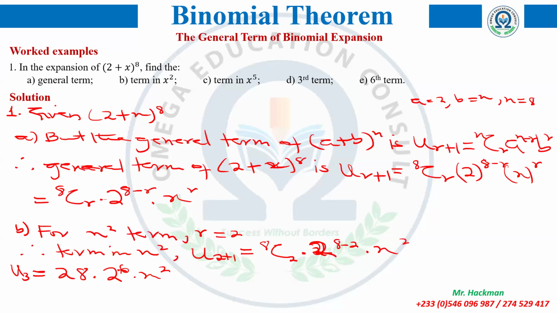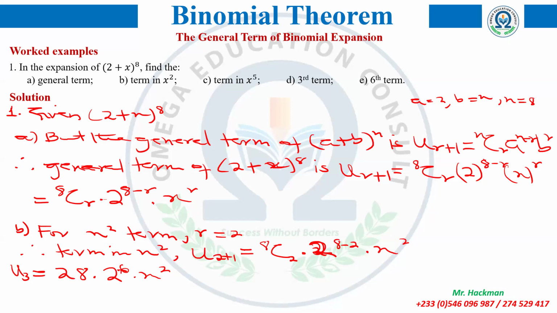3. Okay, 3. That's what you said. You all agree that for the third term, R must be 3? Yes, sir. No. You agree, please? You don't agree?